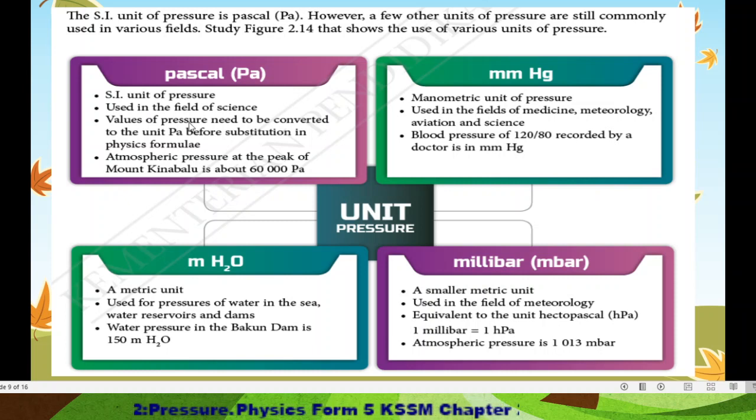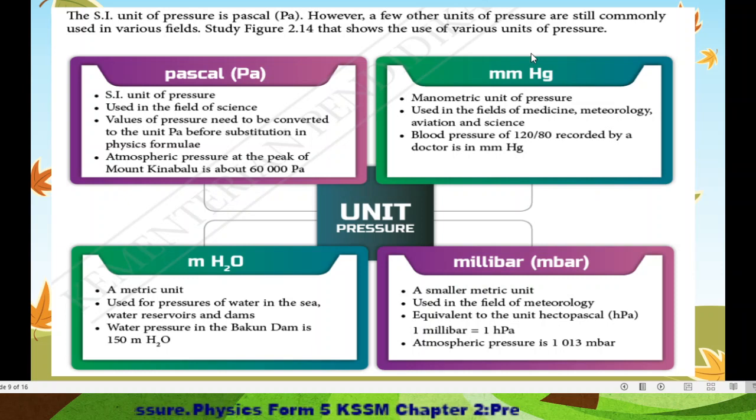Used in the field of science, values of pressure need to be converted to the unit Pascal before substitution in physics formulae. As you know, when we calculate using a physics equation, we try to use SI units. Atmospheric pressure at the peak of Mount Kinabalu is about 60,000 Pascal. So how to convert Pascal to other units? Later we'll discuss it in the problem solving part.